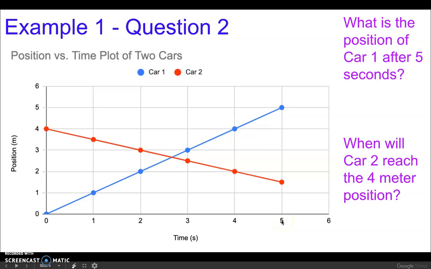Now car 1 is the blue one. So I'm going to go past this point all the way up to here. Okay, and then I'm going to follow it over to the axis. And I see the position is also 5. So I'm going to say 5 meters.